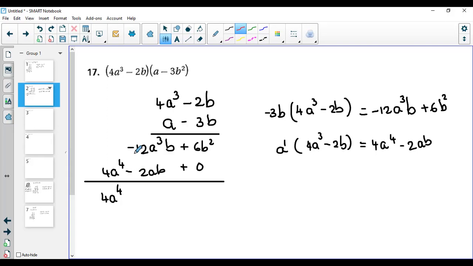So when you add or subtract, you cannot add these terms together. Why? Because they have different exponents. And you know, during adding exponents, we don't add the powers, we just leave them the same. So because of that, we cannot add the exponents. So we leave it in this form. When you cannot add, you just write it the same. And the other one, 6b squared, it remains the same.